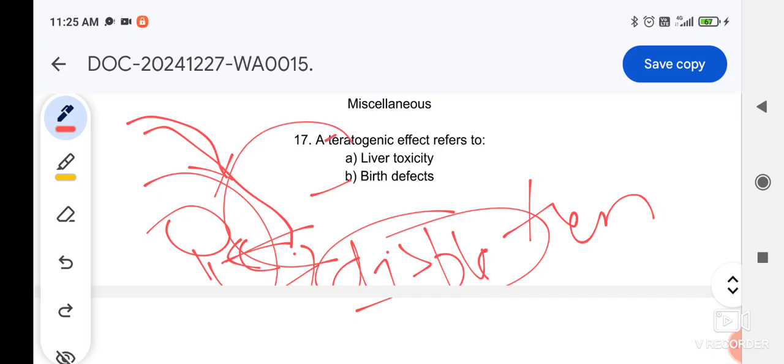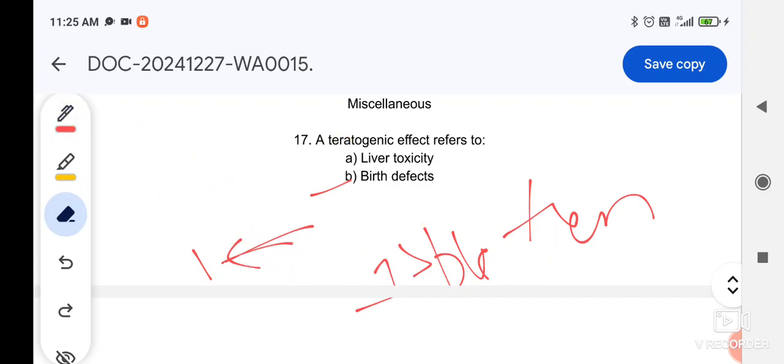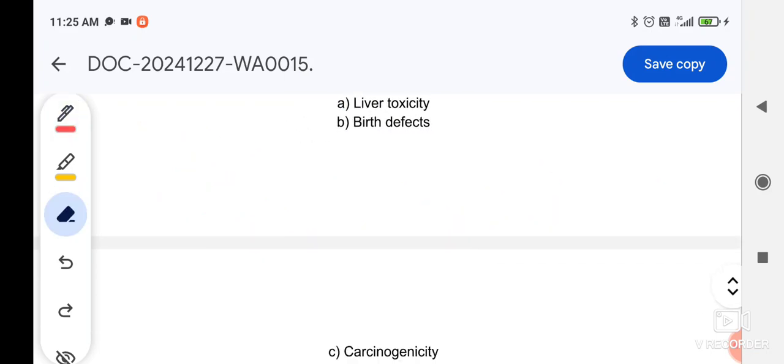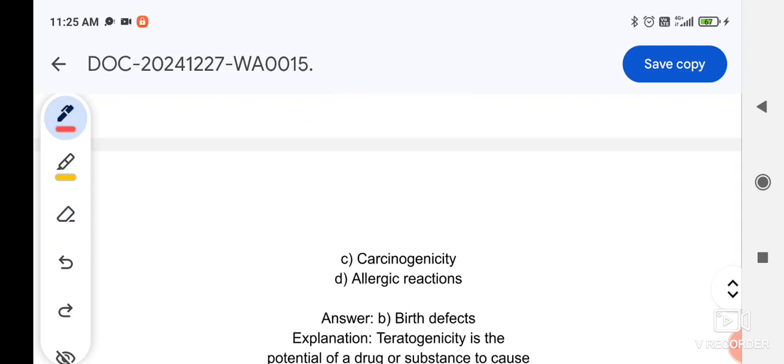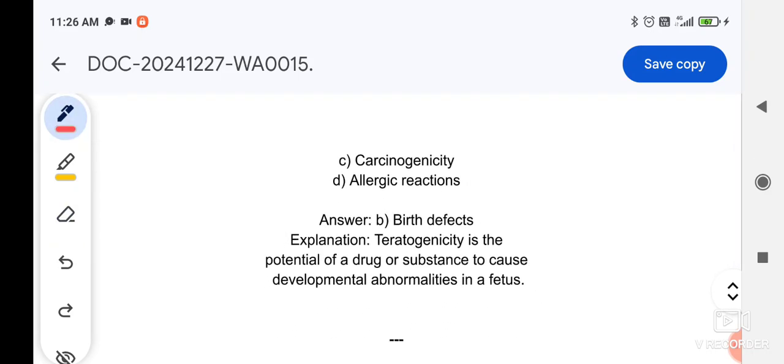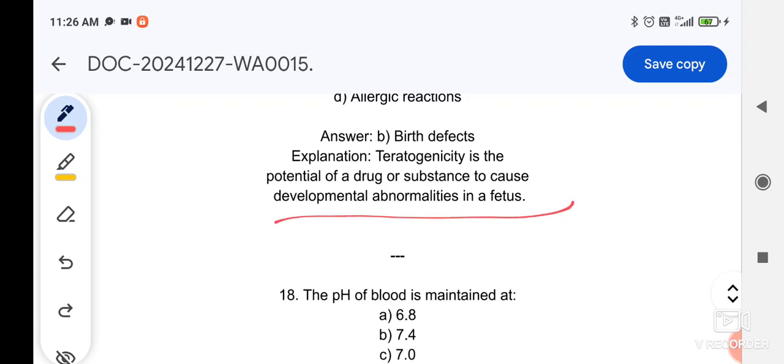So that is what a teratogenic effect refers to; it is related to birth defects. Teratogenicity is the potential of a drug substance to cause developmental abnormalities in the fetus.